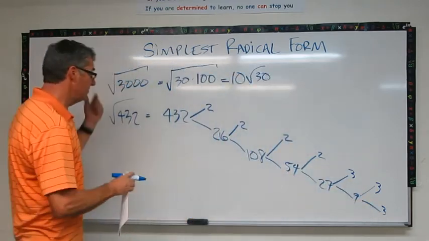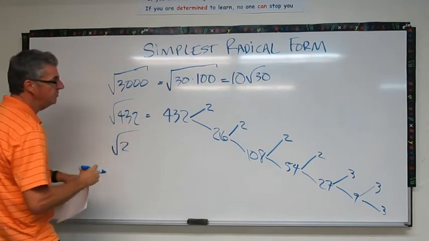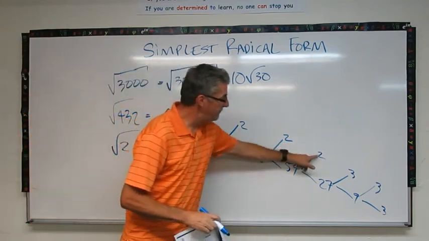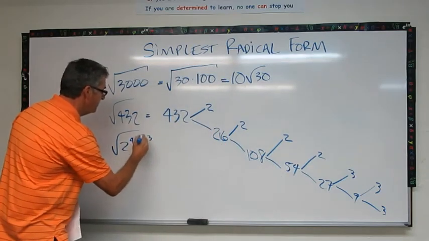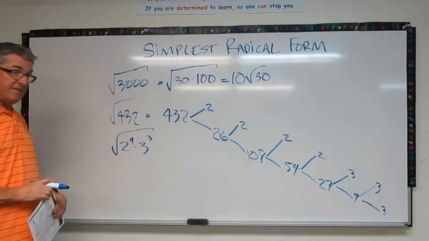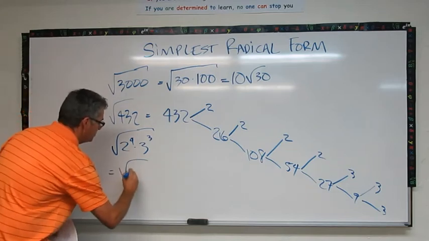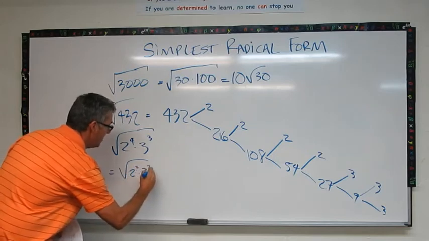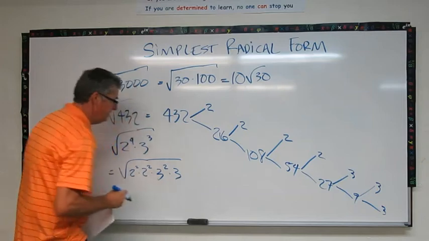So let's write that out. This would be root of 2 to the 4th power times 3 to the 3rd power. That's going to help us. This becomes 2 squared times 2 squared times 3 squared times 3.